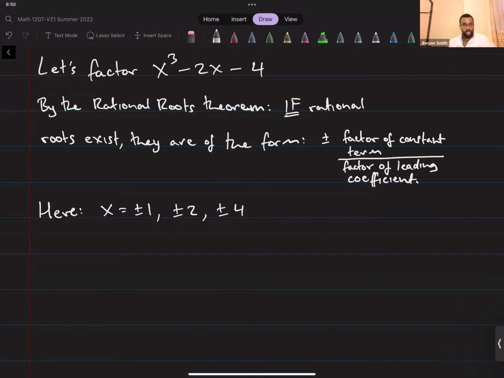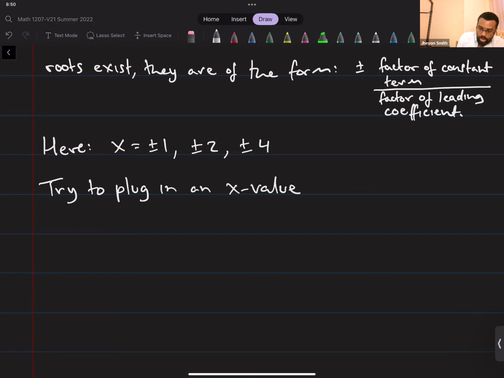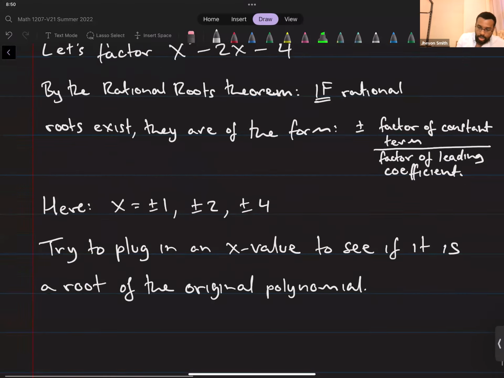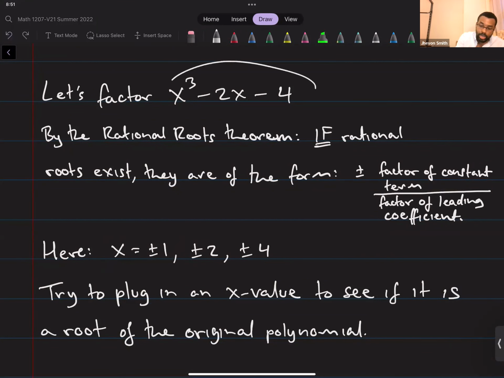Now, what you want to do is plug these into that polynomial to see which one gives you 0. So you take each of these x values, or one of them which you might be able to eyeball, and see, can you get a 0?